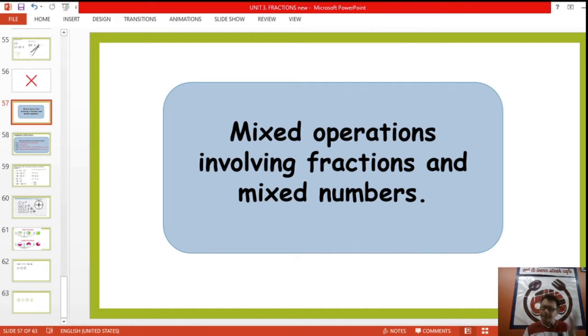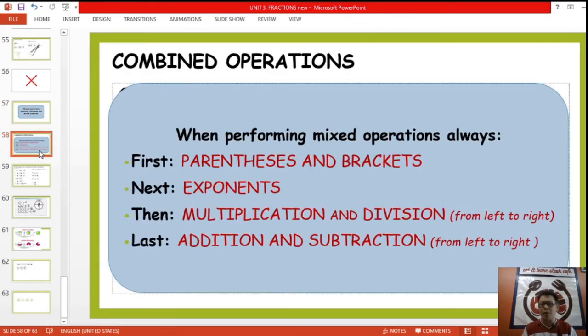For fractions, we will still adopt the same rules as what we've learned in Unit 1. Remember Unit 1? How to deal with mixed operations about whole numbers? The same thing applies. I am giving you this back so that you can remember as well.